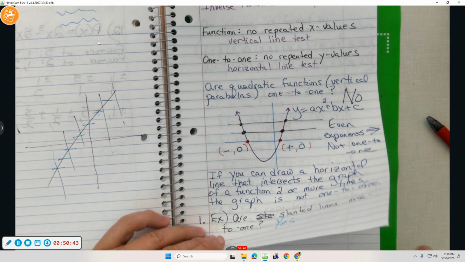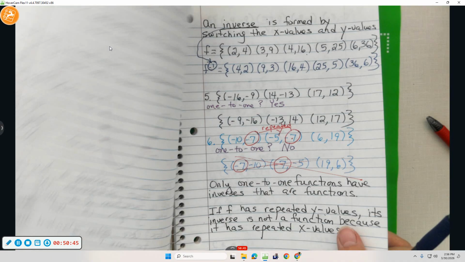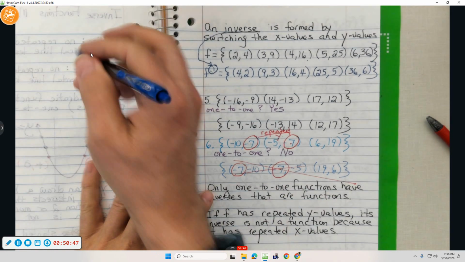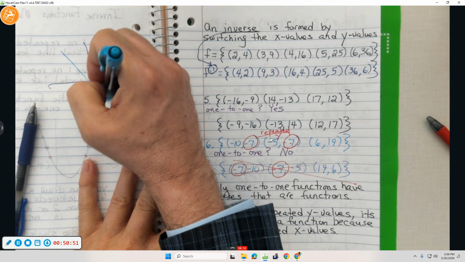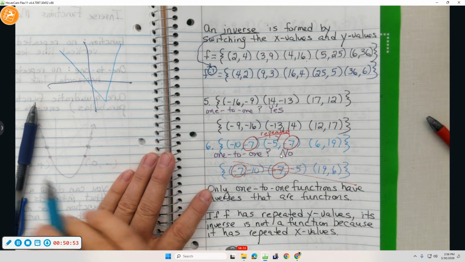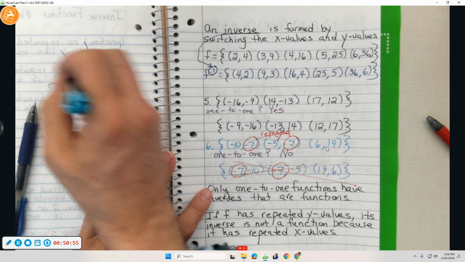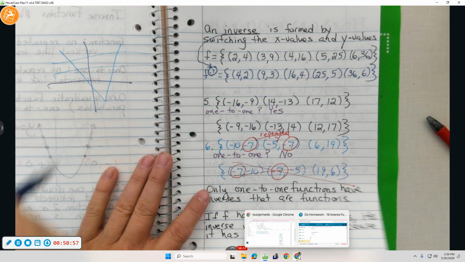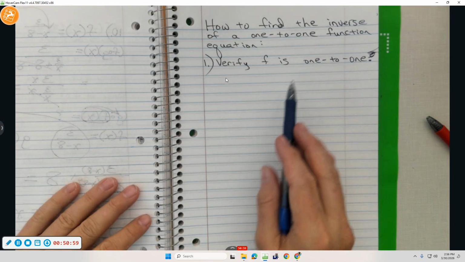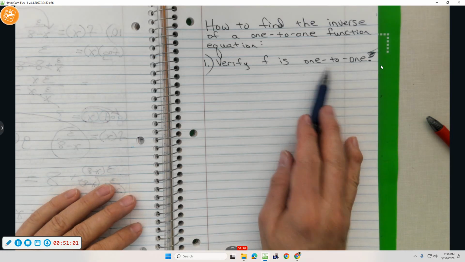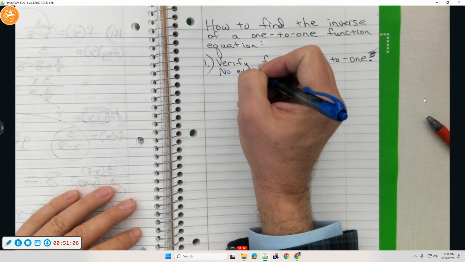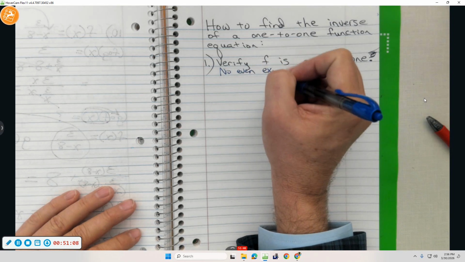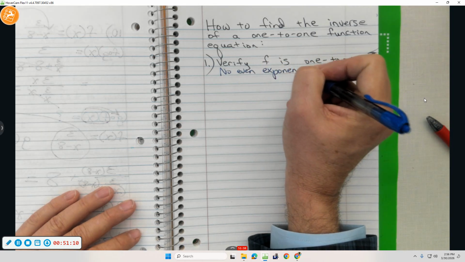The V-shaped graph. The absolute value graphs. So how can you look at problem number 11 and say, that's one-to-one? Verify f is one-to-one. That means there should be no even exponents in the equation, and no absolute value bars.